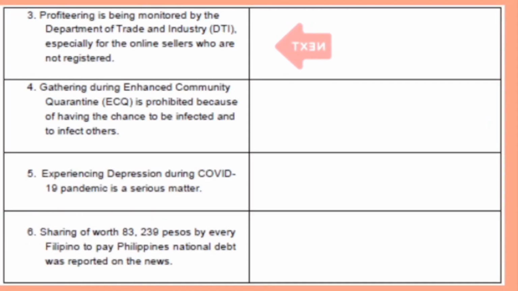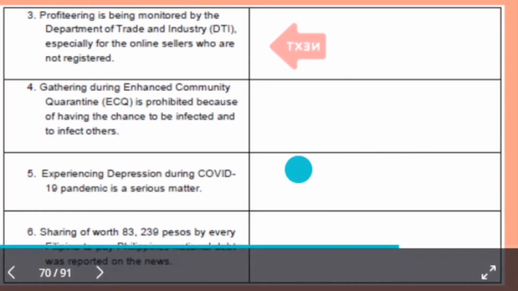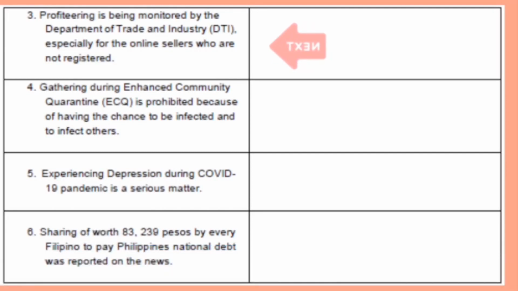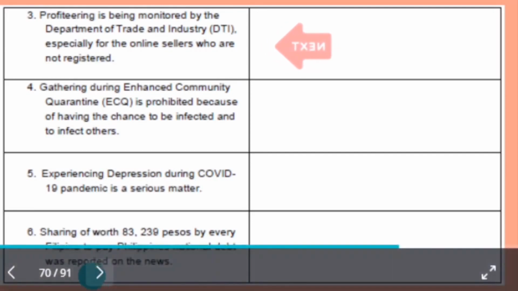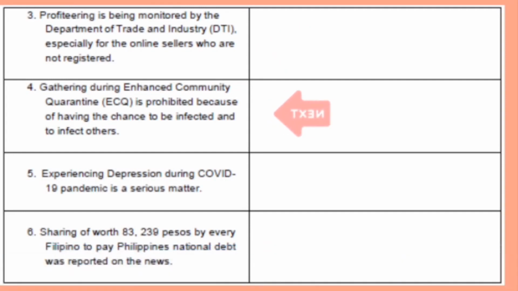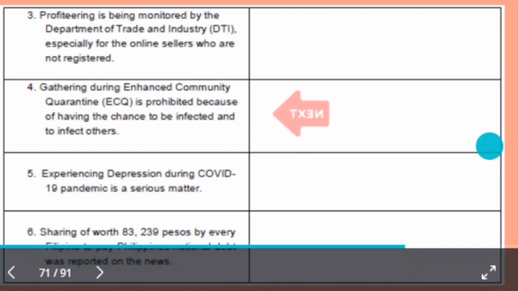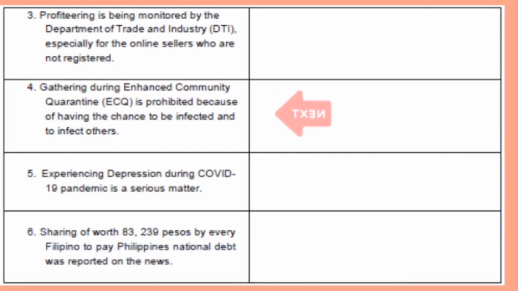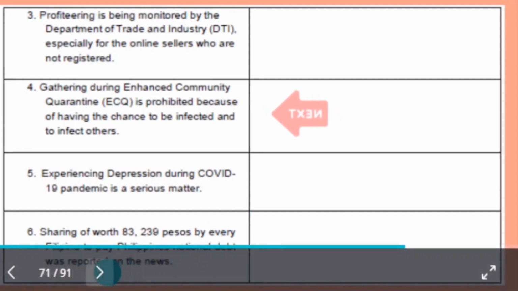Second one is profiteering is being monitored by the Department of Trade and Industry or DTI, especially for the online sellers who are not registered. Third one, gathering during enhanced community quarantine or ECQ is prohibited because of having the chance to be infected and to infect others.